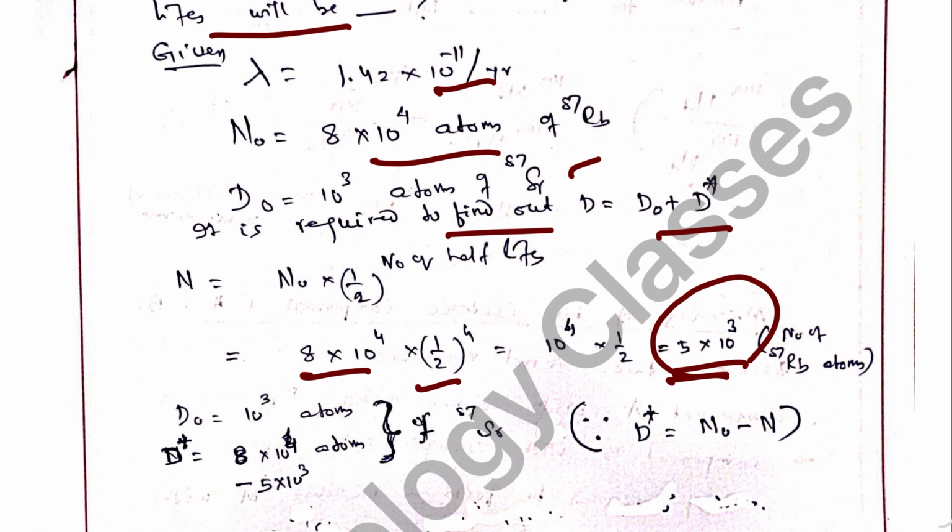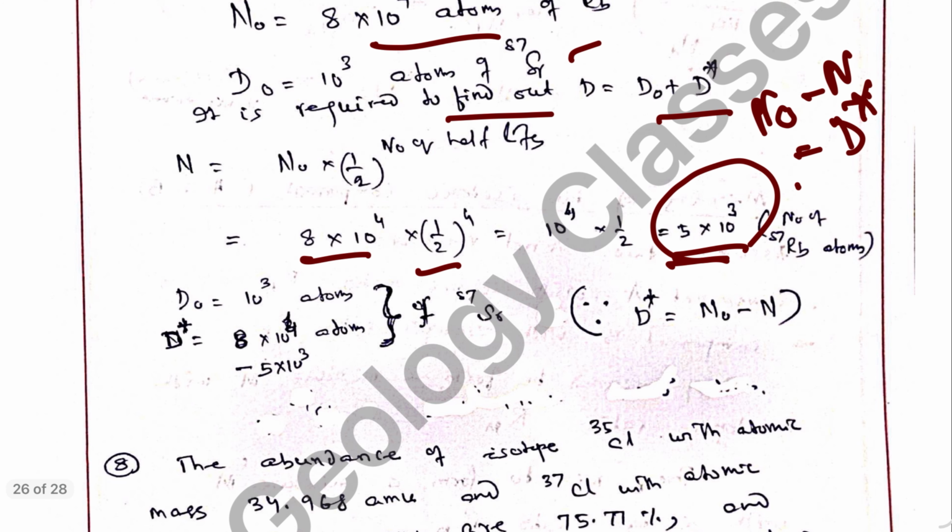So D star will be 8 into 10 to the 4, which is N0, minus this N, because N is the parent element remaining. So from N0 minus N, that gives the D star. So this is D star.